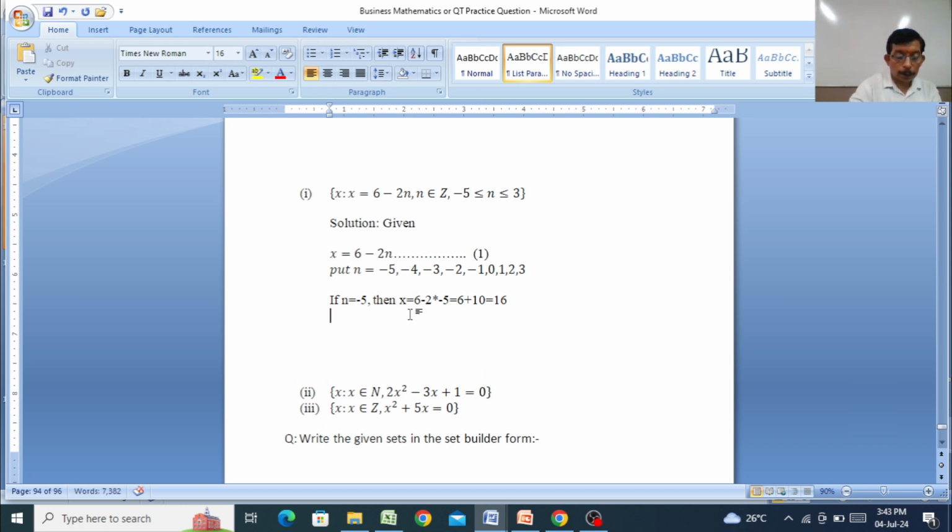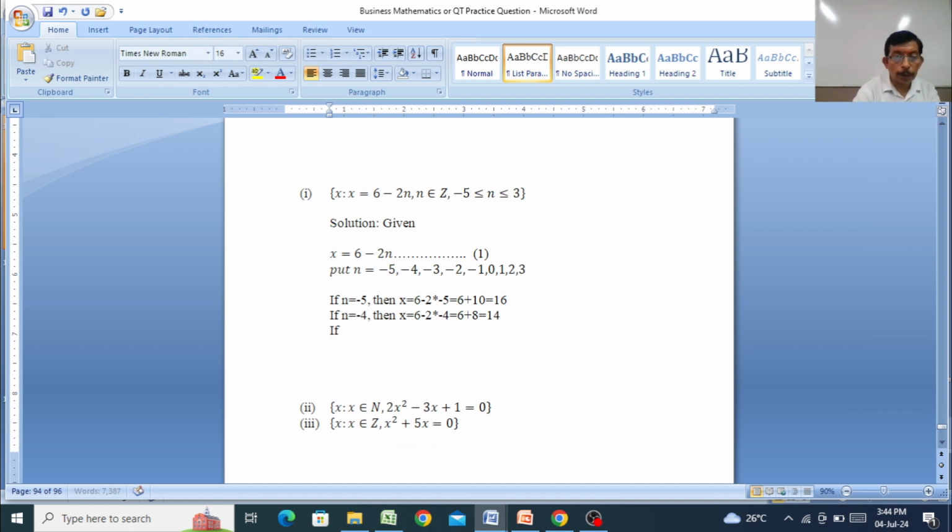If n is equal to -4, then x is equal to 6 minus 2 into -4 is equal to 6 plus 8 is equal to 14.